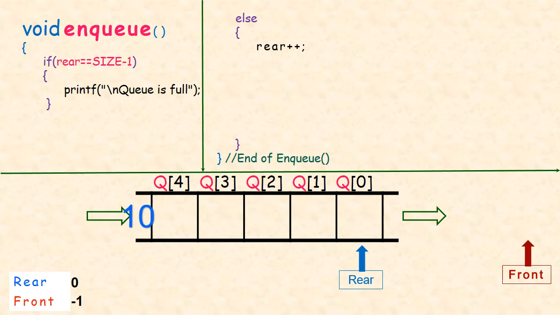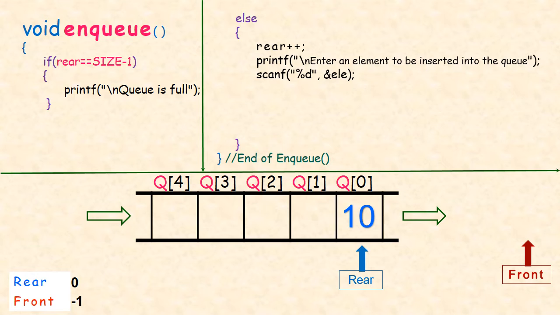Then I will insert an element into the queue. To do this, I have to read an element first from the keyboard and place it into the array. Using a scanf statement, I will read an element into a variable ELE and assign that value to queue of rear. What is rear here? 0. So queue of 0. We are assigning ELE to queue of 0, right?